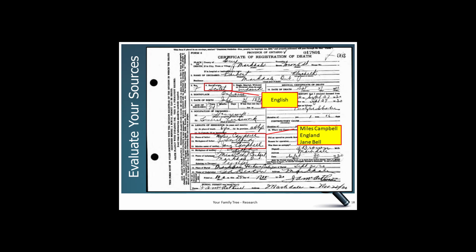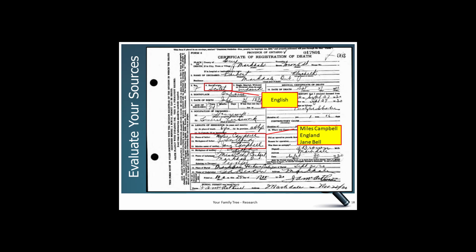Evaluate your sources. As you can see from the slide, I noted the following after I evaluated this source of information. A lot of information on this slide was incorrect. If you take a look at the form for racial origin, it was not Scotch, it was English.